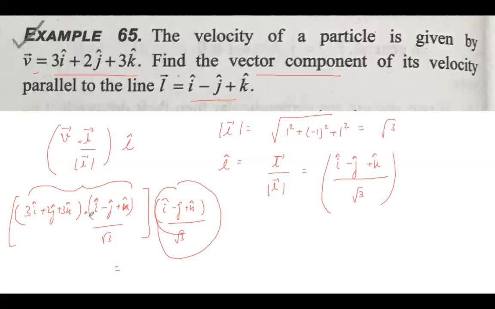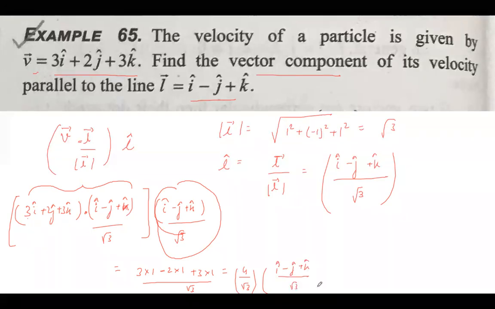So first if we calculate this, we'll do i dot i first, so 3 into 1, minus 2 into 1, plus 3 into 1, divided by root 3. So this is 3 plus 3, 6 minus 2, 4, so 4 divided by root 3, and then multiplied with this whole thing, i minus j plus k divided by root 3.